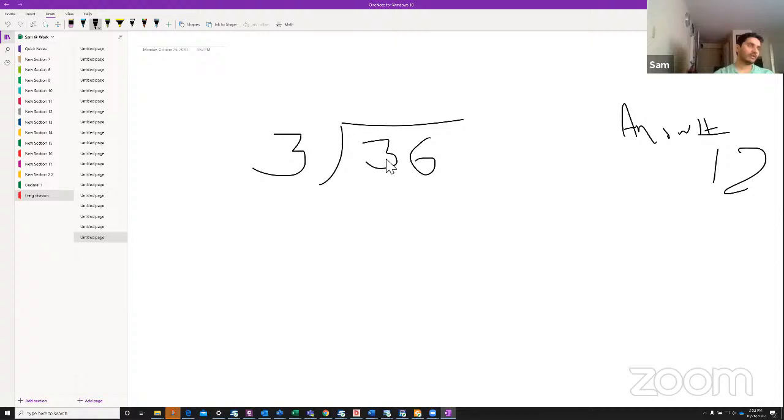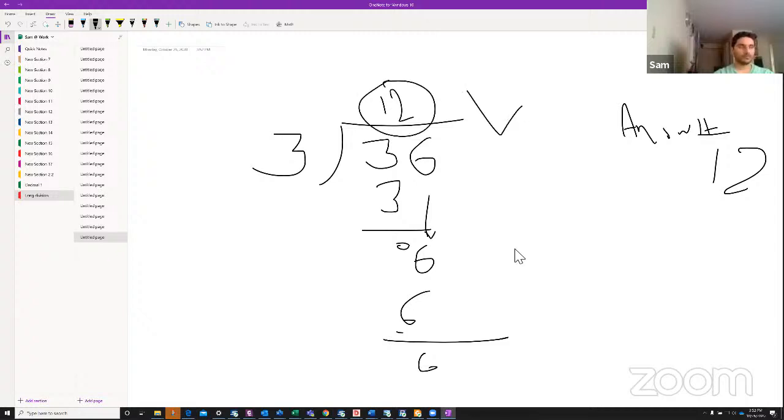So you have a first digit 3. You could divide 3 by 3. That's 1, then the remainder is 0. Then you could drop down the 6. If you divide 6 by 3, it's going to be 2. So 6 minus 6 is 0. So 12 is the right answer. Okay.